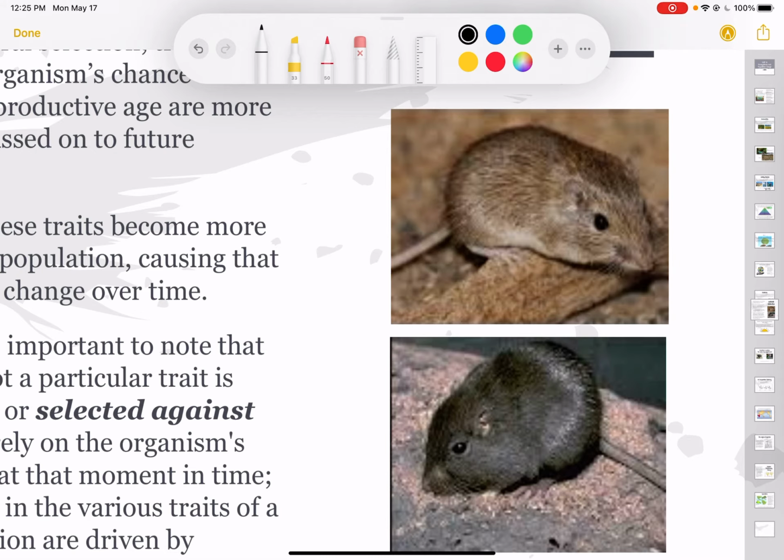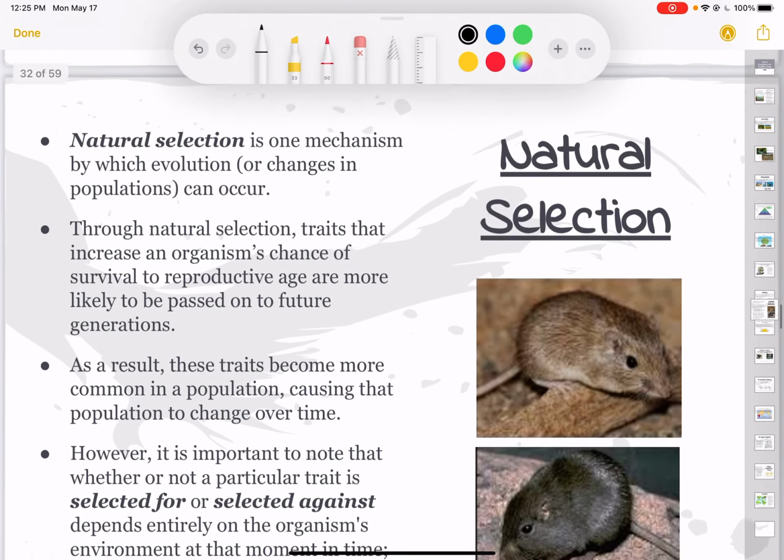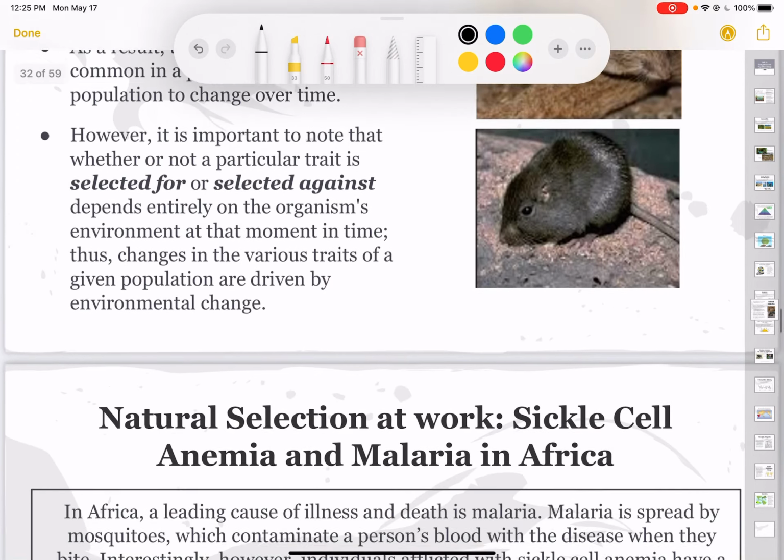Depending on the environment, the color of their fur could have an effect on if they're camouflaged from their prey. So definitely something to consider is their environment. So maybe you have a great trait that helps you to survive, but you have to be in the right environment to allow that to help you. So any sort of trait that helps you to survive, regardless of anything, is considered natural selection.